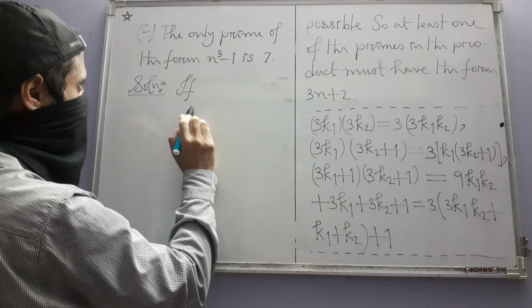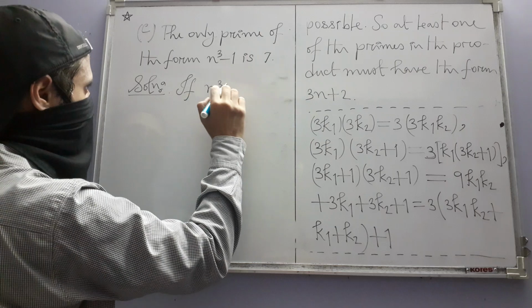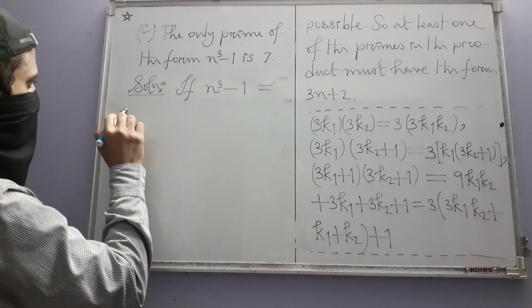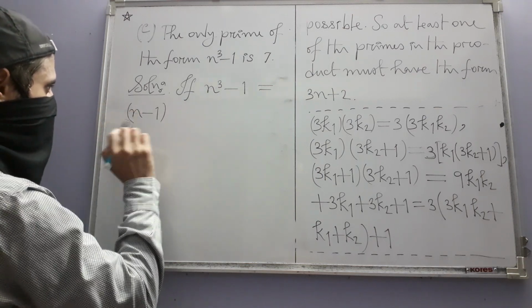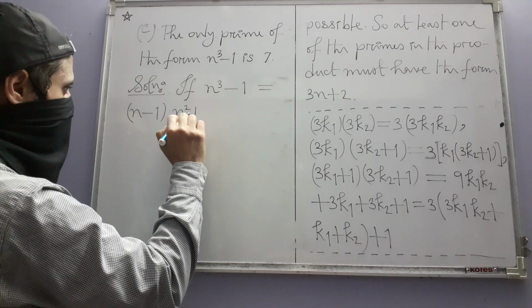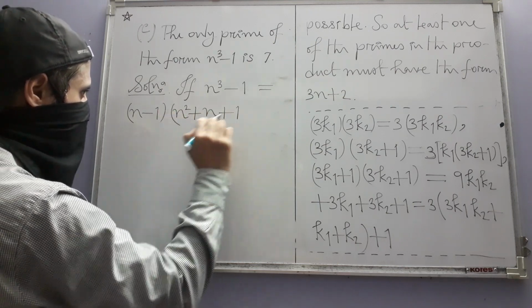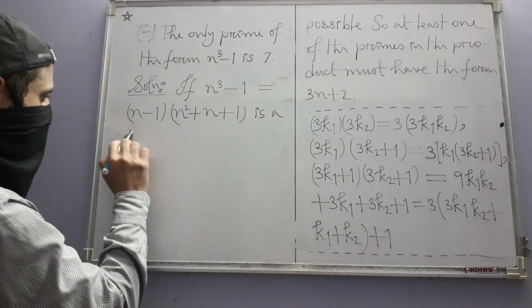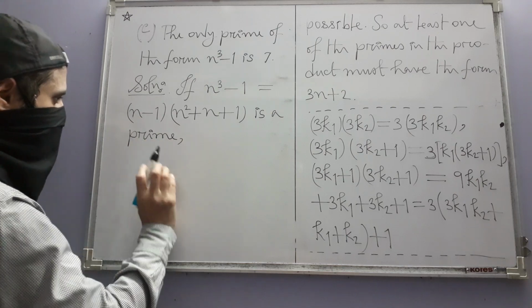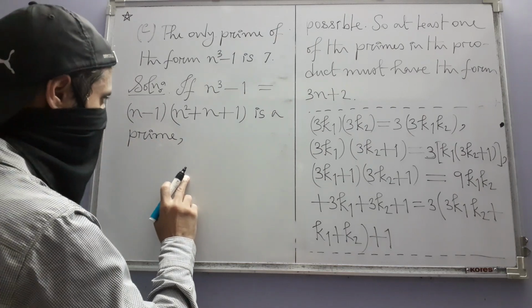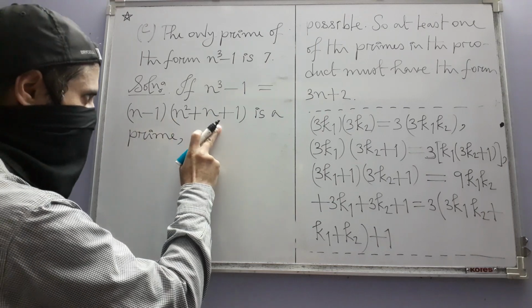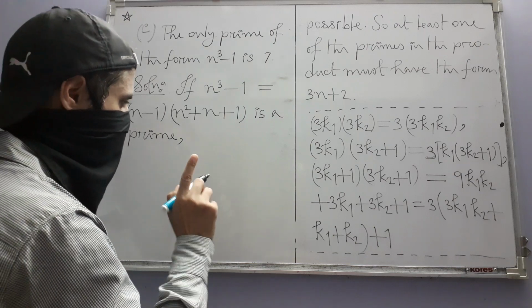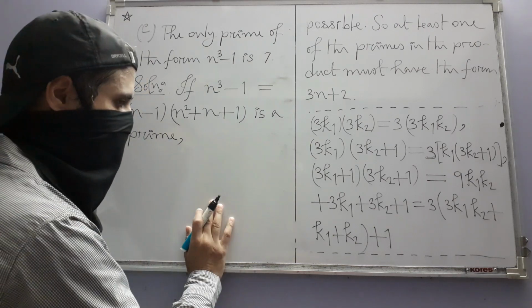The thing is this: if n cube minus 1 is a prime, but let's write the factorization also, that is n minus 1 times n square plus n plus 1, this we already know this formula, is a prime, then by the definition of primality of an integer, because this is already a factorization of n cube minus 1, one of these two factors has to be 1 and the other one has to be a prime.